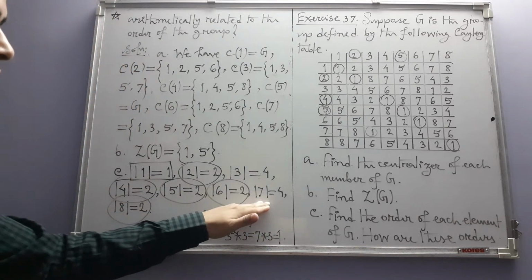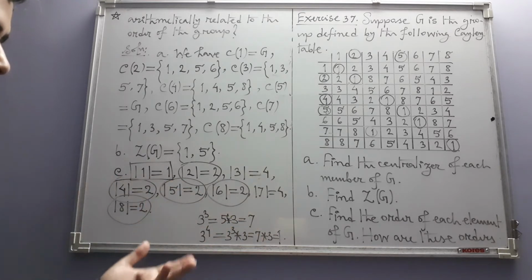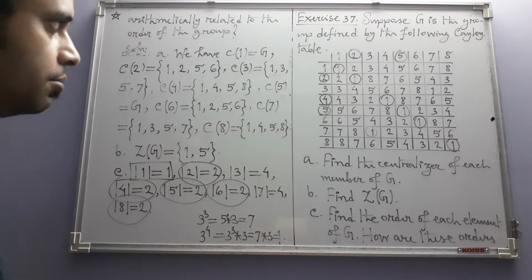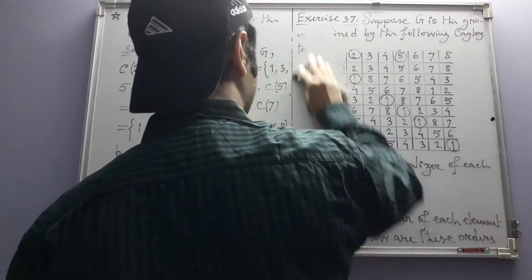And finally, the relationship between these orders and the order of the group is, of course, that they all divide the order of the group. So let's just mention that and complete the solution.